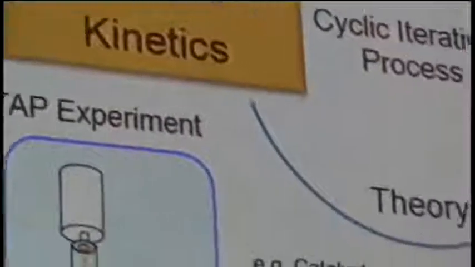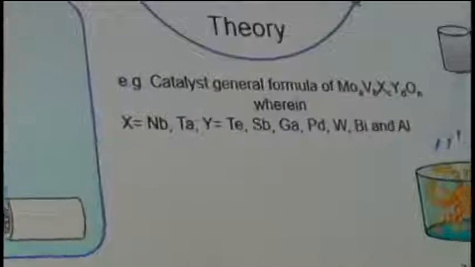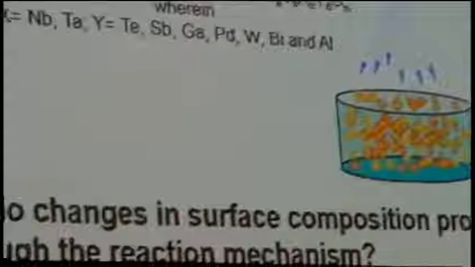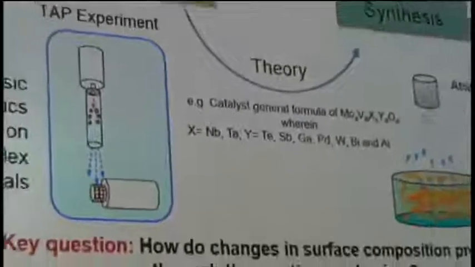So what we're proposing at INL, at our Advanced Manufacturing Center, is what we call incremental kinetic synthesis, again, a cyclic iterative process where you do intrinsic kinetics with a temporal analysis of products instrument. And this was invented by John Gleaves, and he's currently working with us and preparing a TAP reactor.